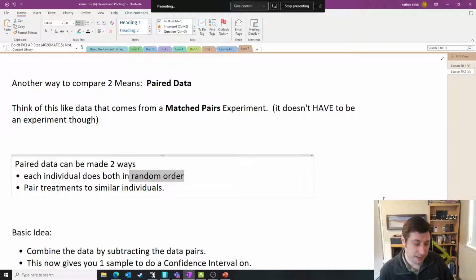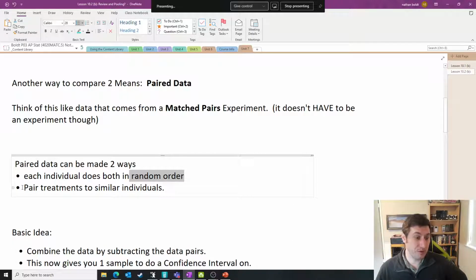They would take a test listening to music, and they would take a test not listening to music. Now they would do this in random order. That's my randomization there. So some people would listen to music first, and some people would not listen to music first, and then they would all switch. But each person does both treatments or both options. That's one way to pair data. Each person now has two data points that are paired together.